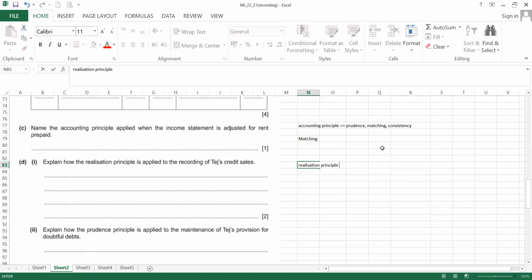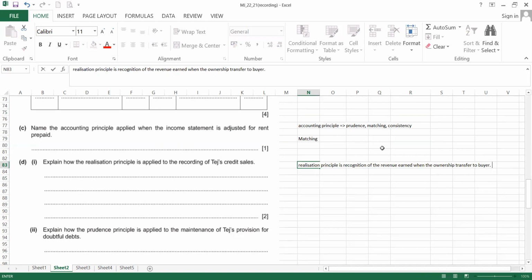The realization principle is recognition of the revenue earned when the ownership transfers to the buyer.